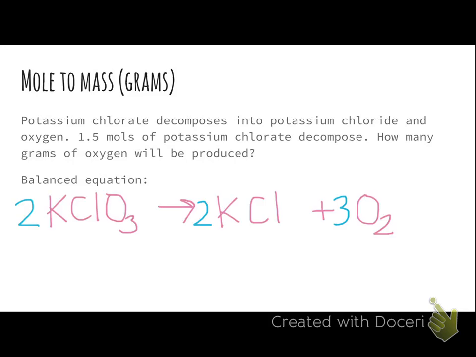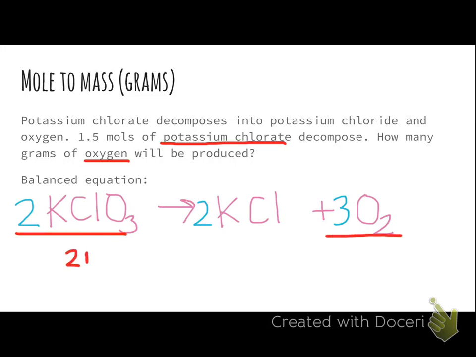Okay, so here's what you should have for your equation. Now let's look at our problem. Our problem wants to know, we have 1.5 moles of potassium chlorate. How many grams of oxygen will be produced? So we need to find a mole ratio between potassium chlorate and oxygen. So here's my potassium chlorate, here's my oxygen.